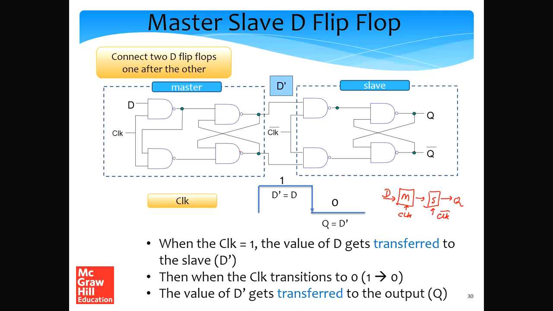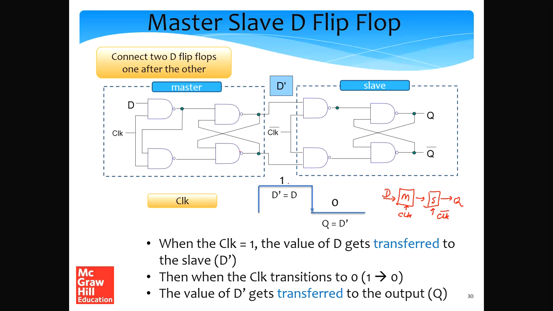That's all. Right? So the diagram is very, very simple. We have two D flip-flops connected to each other. The first D flip-flop is called the master. It takes the clock as input. The second D flip-flop is called the slave. It takes the complement of the clock as input. So let's see what happens.